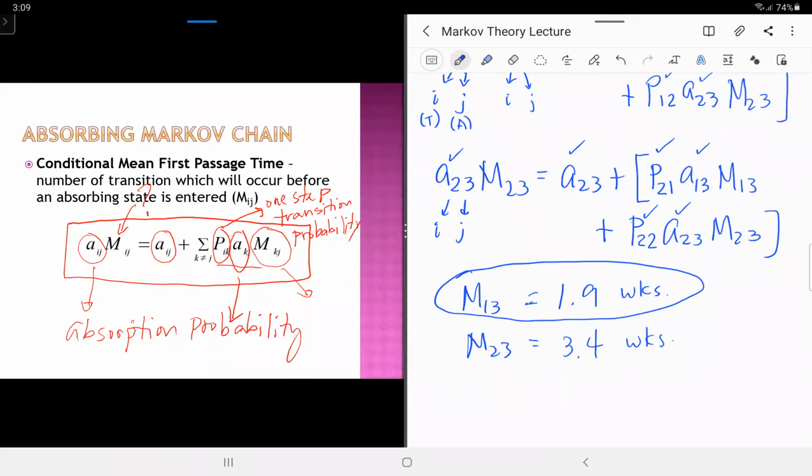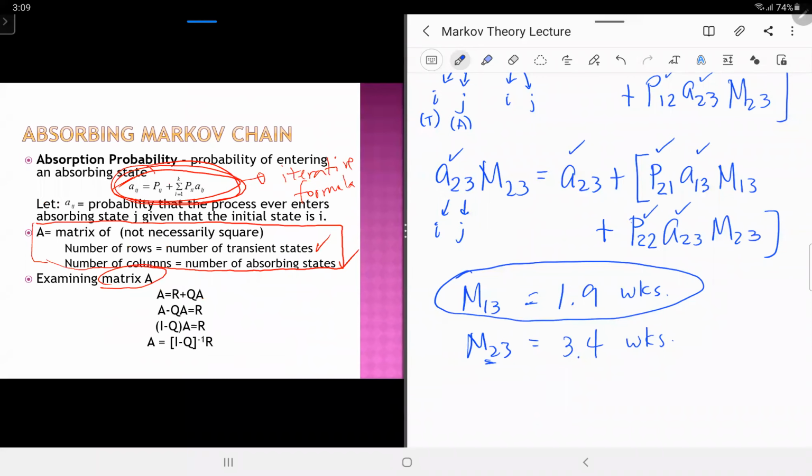And for M23, if you're coming from transient state 2, it would take you an average of 3.4 transitions before being absorbed in absorbing state 3. And we go back to this diagram, no?